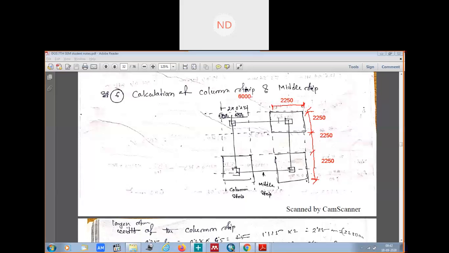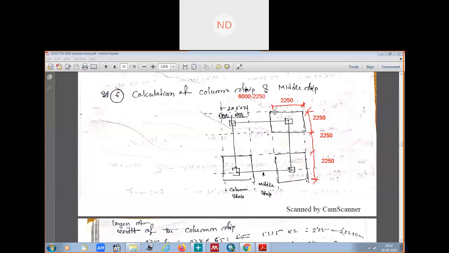This is also 1125, so ultimately it is 2250. So we can directly subtract 2250 from 6000, and we will get the distance which we require now, which is the width of the middle strip.